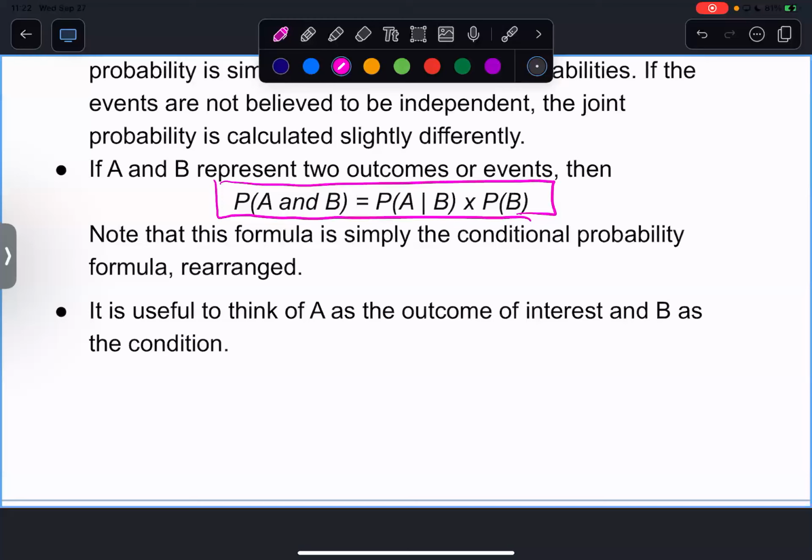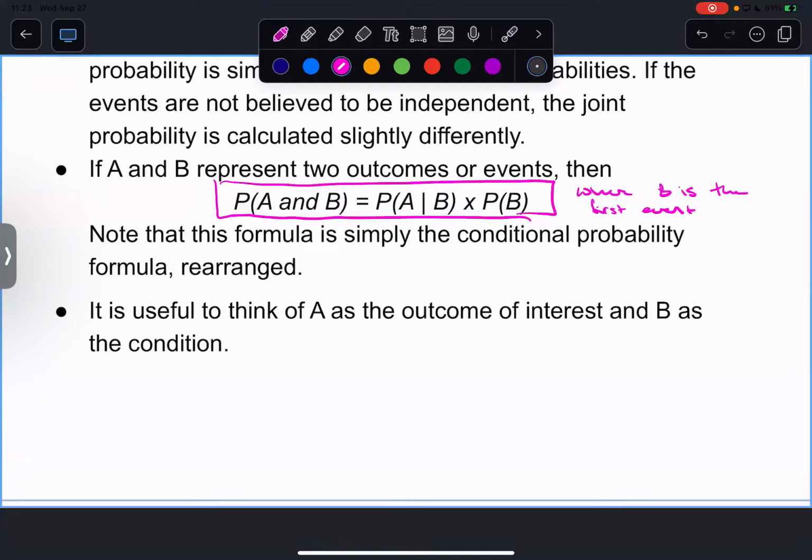That's assuming that B was the first event, right? Because A has to depend on what happened in B. And so here, B is the first event in this case.